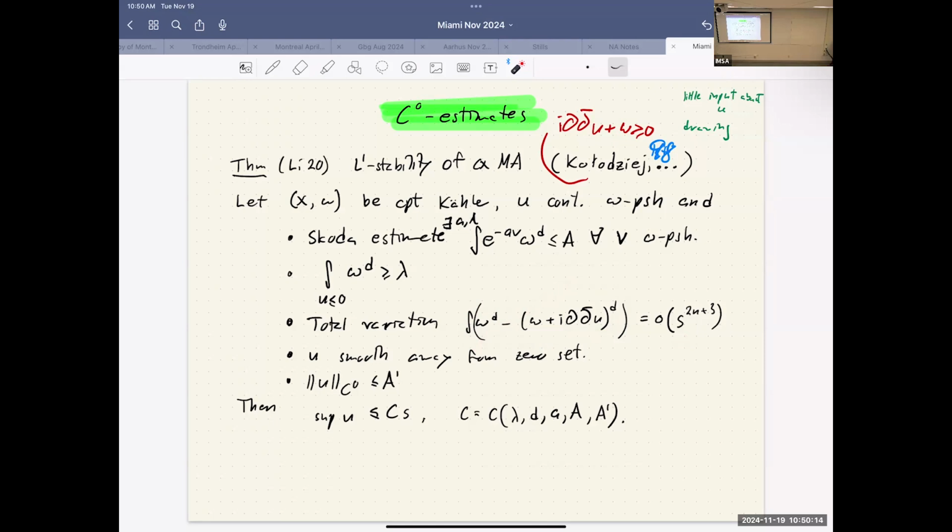So what is S? It's just a parameter that's going to converge to zero. There is no S on the left hand side. No, no. So it's just a parameter. But then when we apply this, U will be the difference between the potential of the Calabi-Yau metric and the potential of the real Monge-Ampère metric.